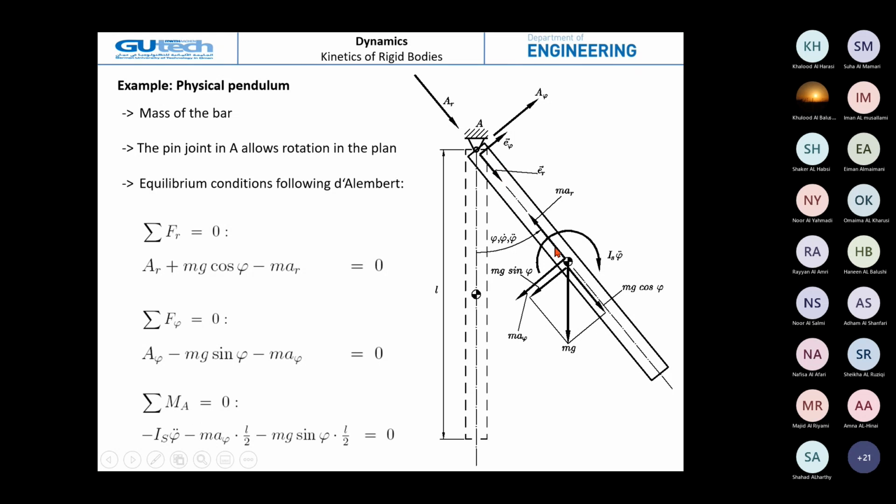There is no arm. Then we have here minus m a_phi, this force, and the arm is only L divided by 2.